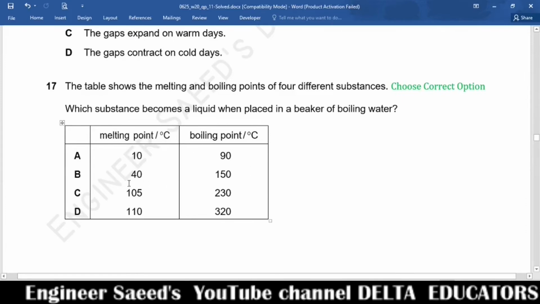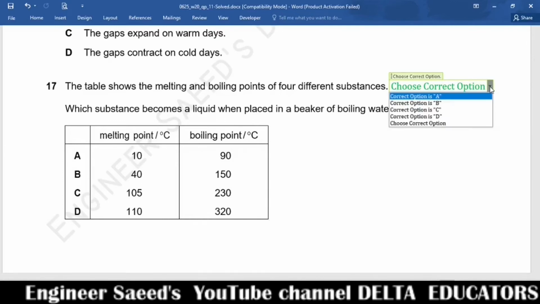In option B we are looking that melting point is 40 degrees centigrade, that is less than the boiling point of water, and also here boiling point is given 150 degrees centigrade, that is more than the boiling point of water. So here our correct answer will be option B. Melting point will be 40 degrees centigrade and boiling point will be 150 degrees centigrade.